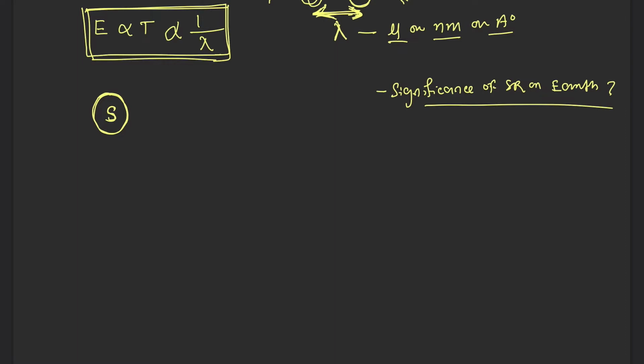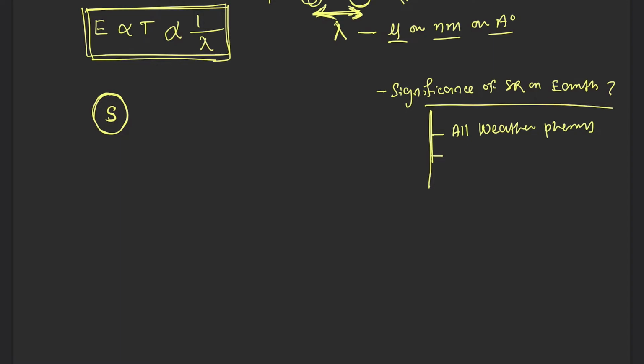All the weather phenomena you observe on our earth are due to solar radiation, whether it is the hydrological cycle, evaporation, transpiration, or photosynthesis. Everything depends on solar radiation.